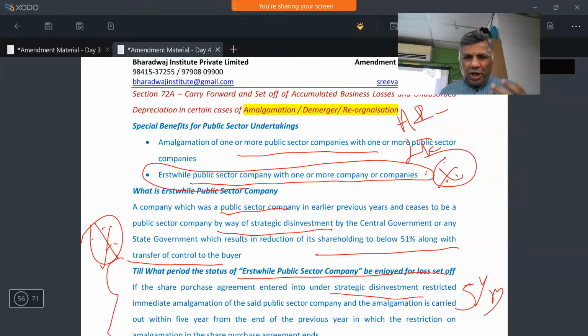I'm not talking about amalgamation of cooperative banks, that is already there. And B, strategic disinvestment.